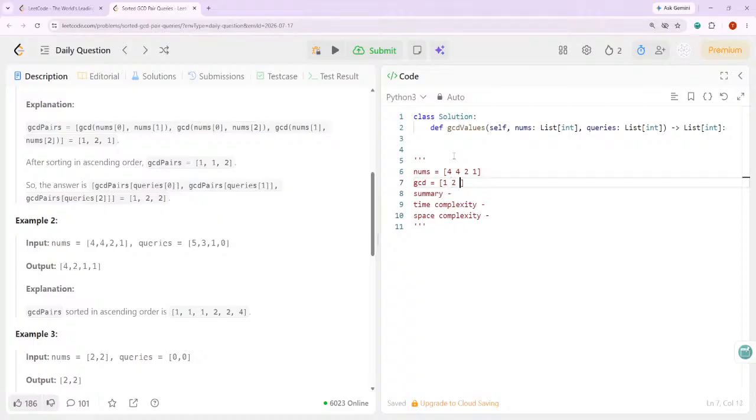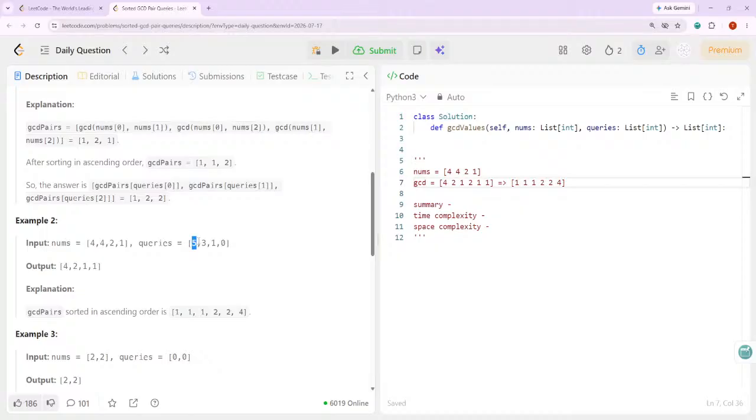That'd be 2. 4, 1 would be 1. 4, 2 would be 2. 4, 1 is another 1. 2, 1 is 1. Okay. Oh no, 4, 4 is initially 4. What am I doing? So sorted would be 1, 1, 1, 2, 2, and 4. Okay, yeah, 1, 1, 1, 2, 2, 4.